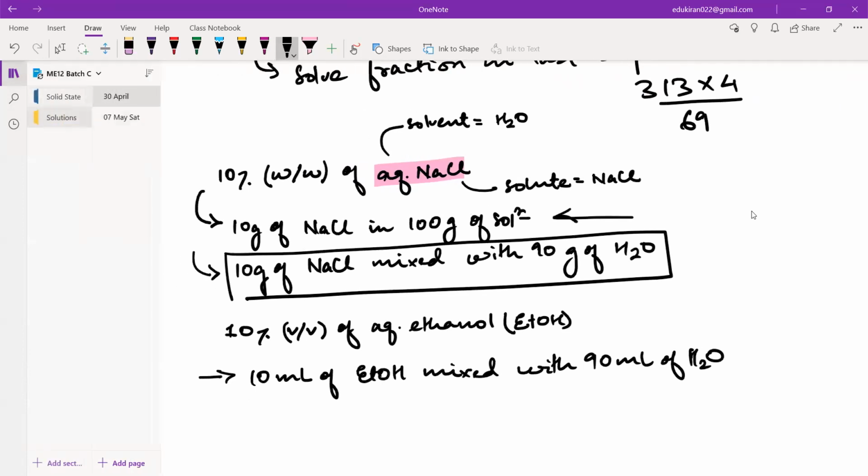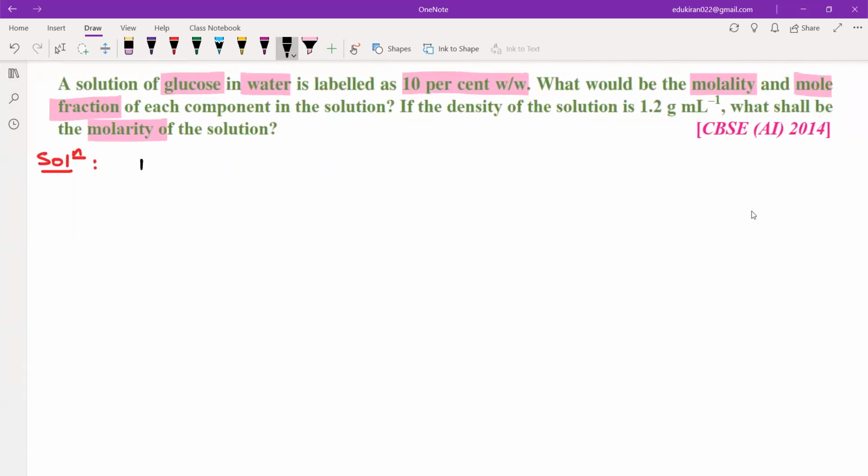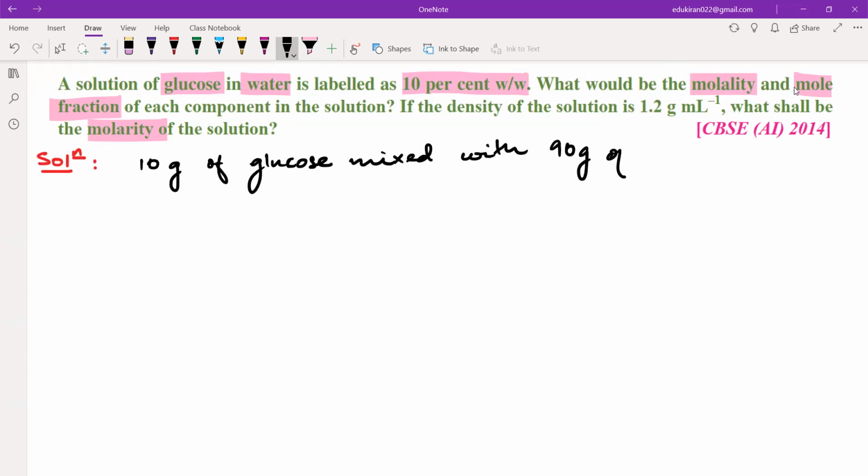It will be 10 grams of glucose mixed with 90 grams of water. Of H2O, right? 90 grams of H2O. Alida, you are on mute, by the way.